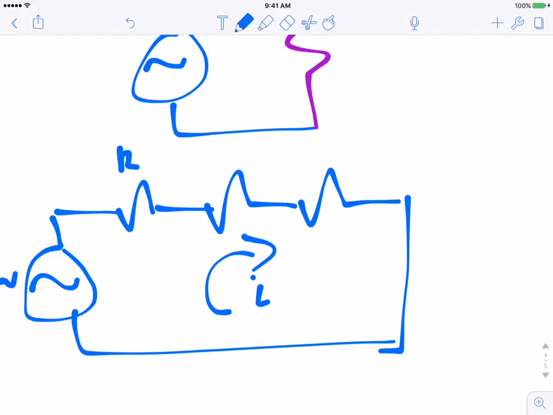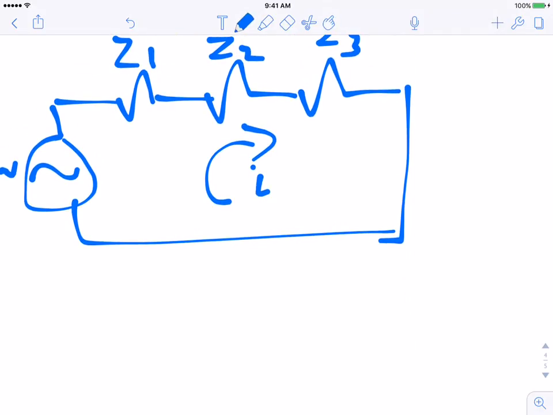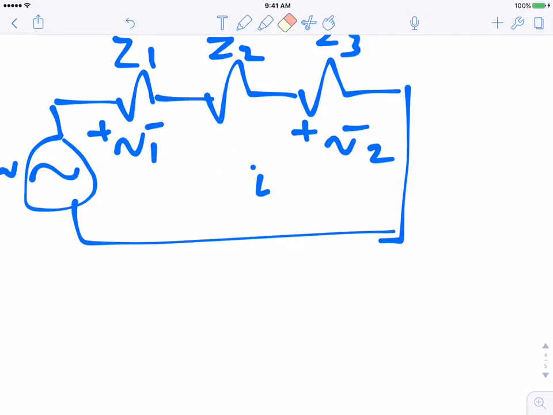So you have, say, Z1, Z2, and Z3, and they have a corresponding V1, V2, and V3. We still have the I.